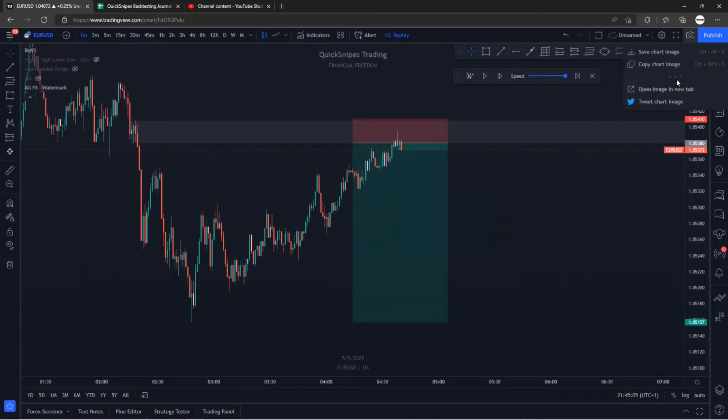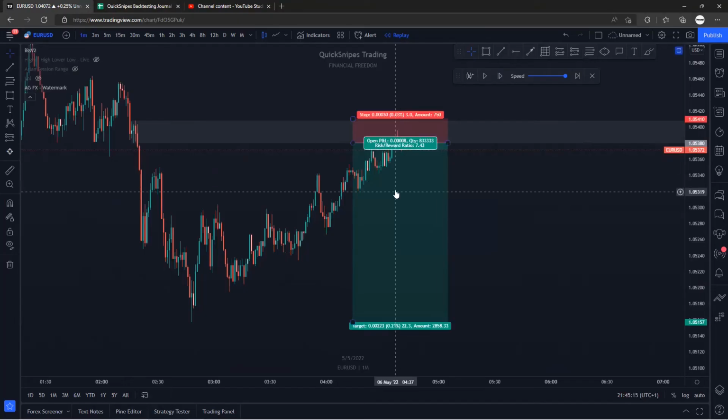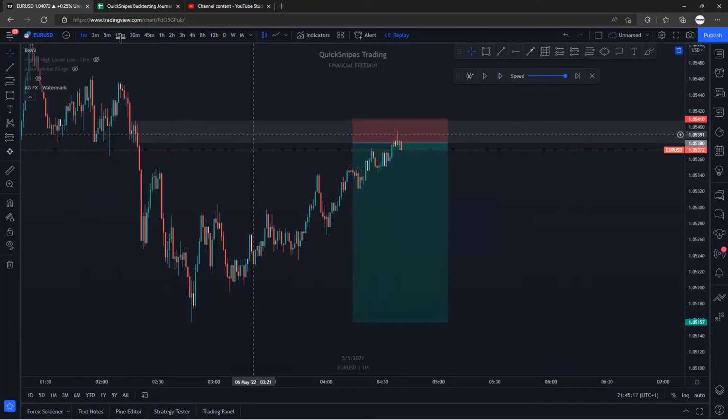So now I can mark that up as a trade. Was this on the 5th? This was on the 6th.